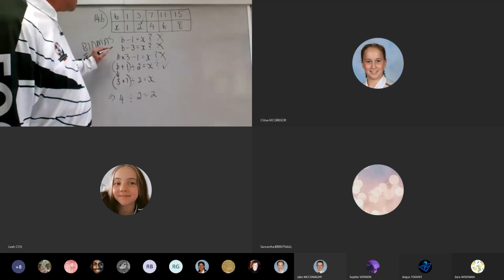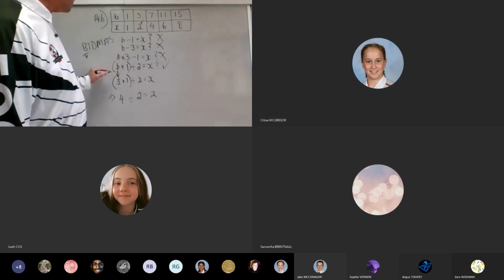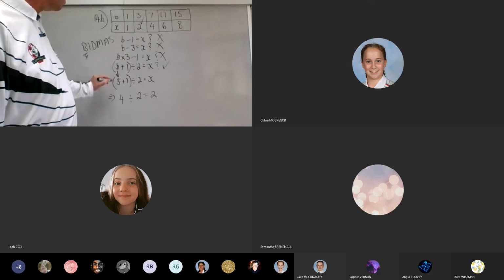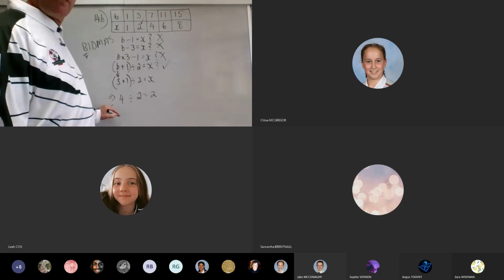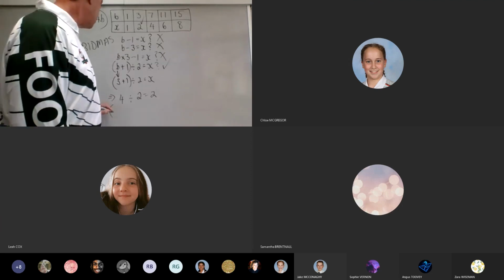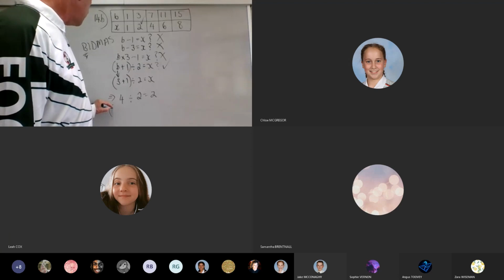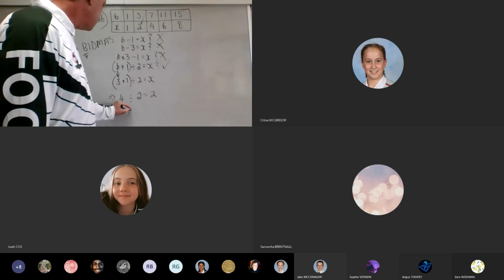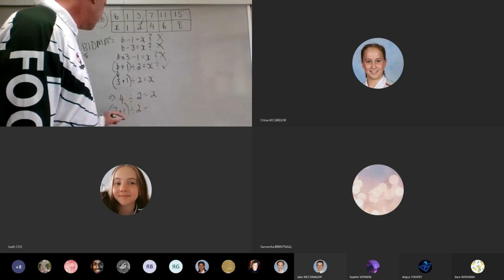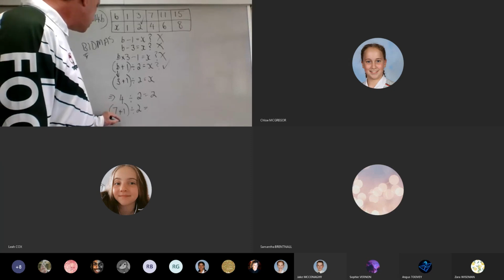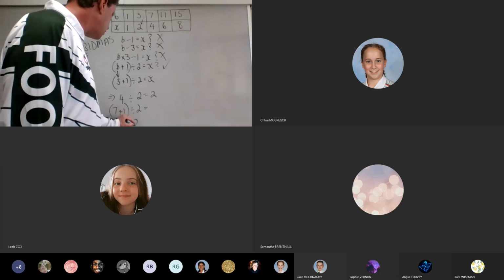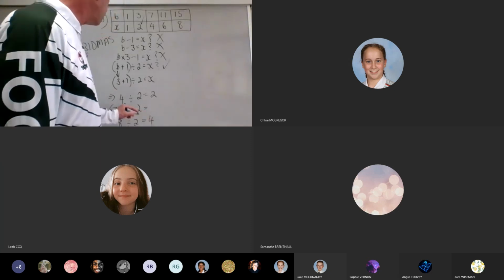Okay. I'm going to try it now with the 7. So where I see the B, I'm going to substitute the 7 in, and I'm really going to run out of room down here. So I've got 7 plus 1 divided by 2. 7 plus 1 is 8, divided by 2 equals 4.